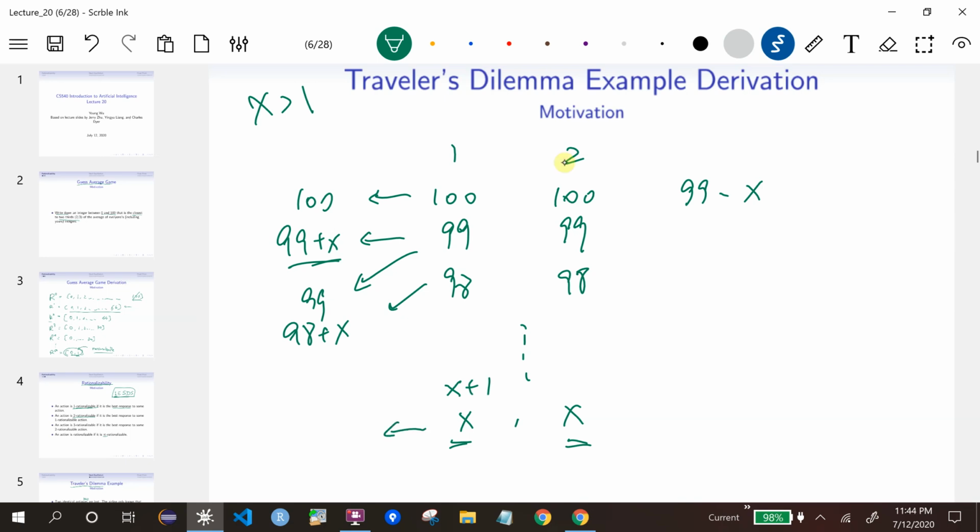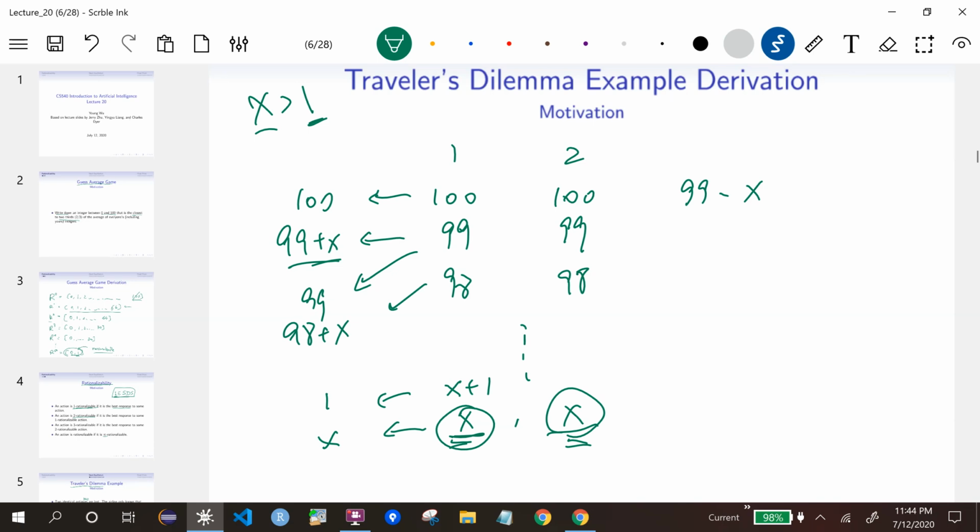If I report X, I will just get X. If I report X plus 1, I'm the guy reporting the higher value, so I'll get punished, and I'll get 1. But 1 is strictly less than X, so I prefer X. So given the other guy is reporting X, I'll report X as well. And since the game is symmetric, given I'm reporting X, the other guy will report X as well.